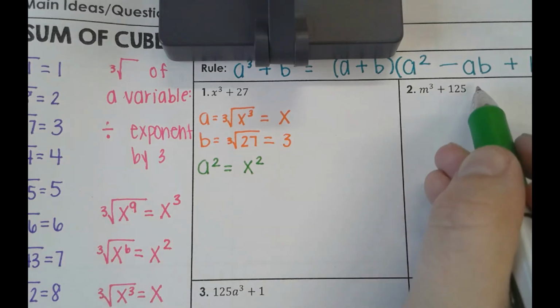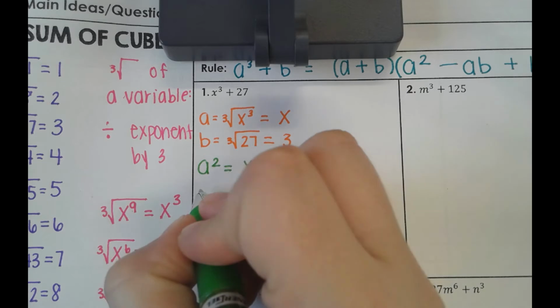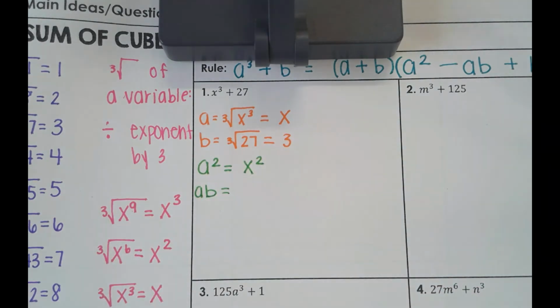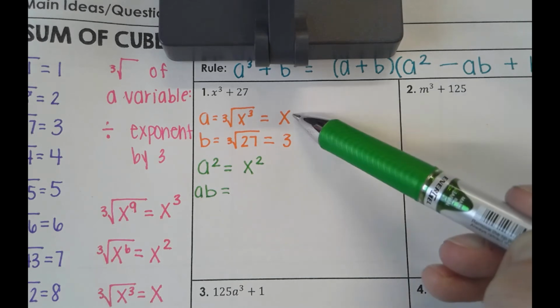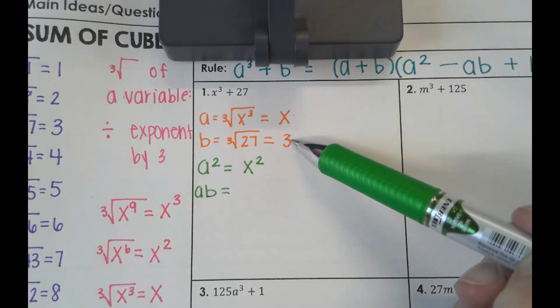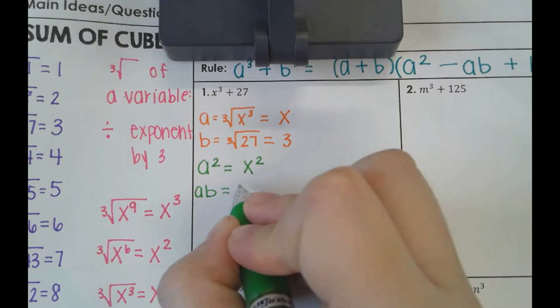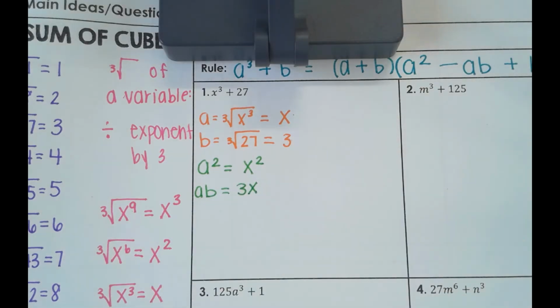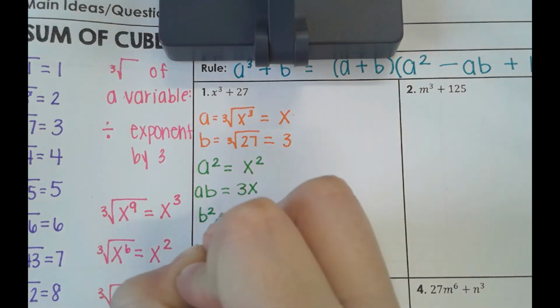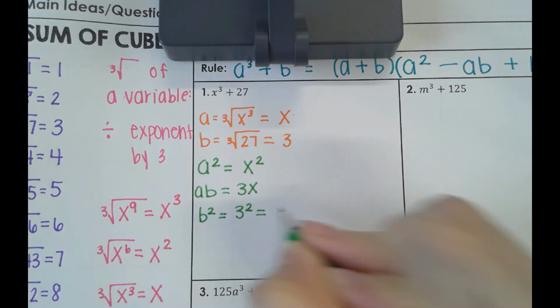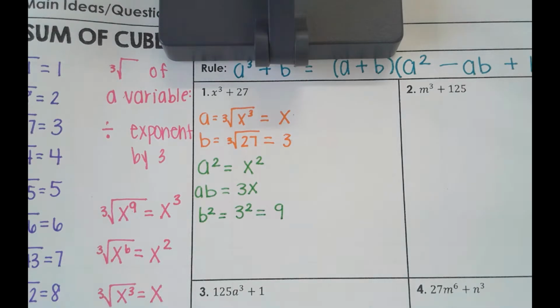Then the next thing in my formula is ab, so that's a times b. So x times 3. What is x times 3? 3x. Good. And then it asks for b squared, so that would be 3 squared, which is 9.